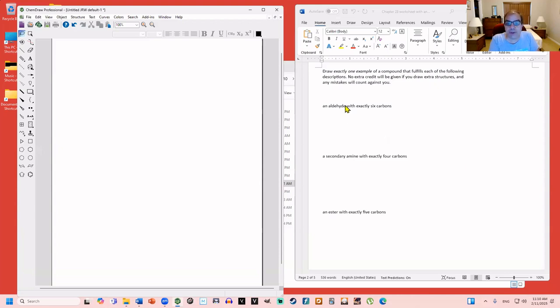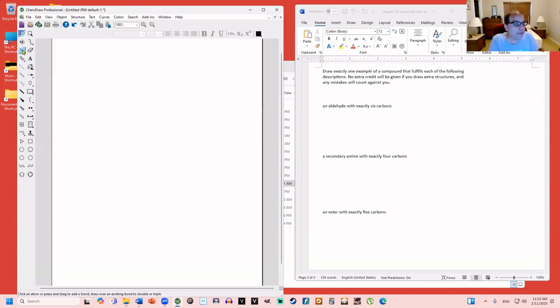And so, for example, the question says to draw an aldehyde with exactly 6 carbons. That's something that I think you ought to be able to do. So it requires, first of all, knowing what an aldehyde is. If you don't know your functional groups, you're not going to be able to answer questions like this.